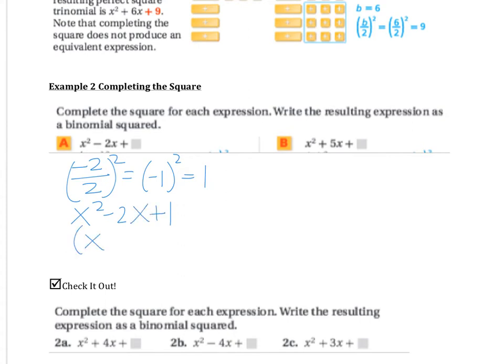How does that factor? Which is x minus 1 quantity squared. Okay, so what do I do again? I take my center coefficient, b, divide it by 2, then square it.